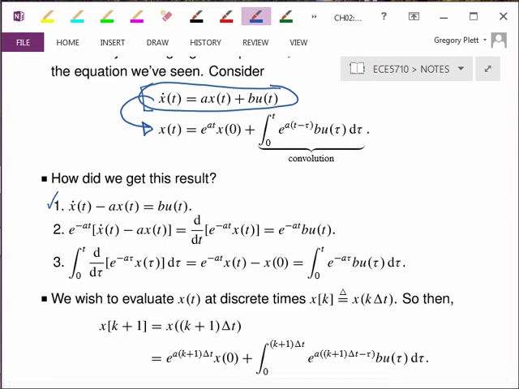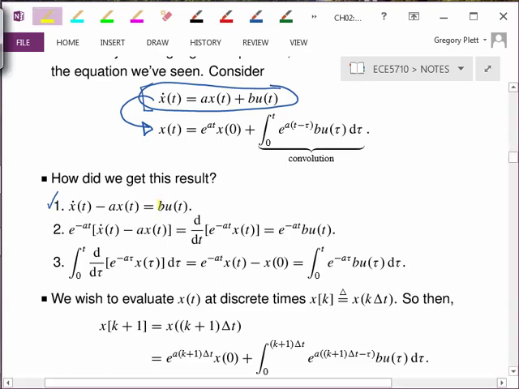To go from 1 to 2, I do something that isn't obvious, but it turns out to be valuable. What I do is I multiply both sides of the equation in item 1 by e to the minus at.